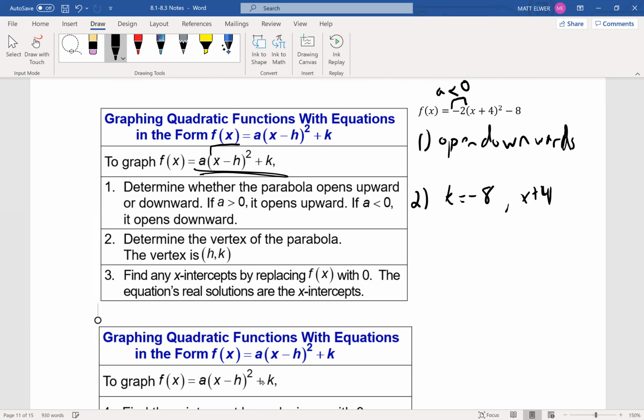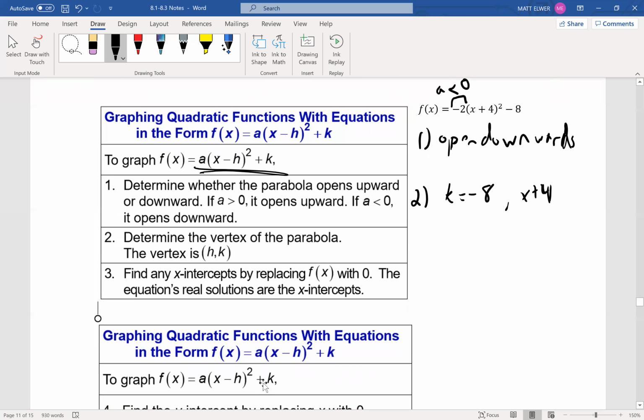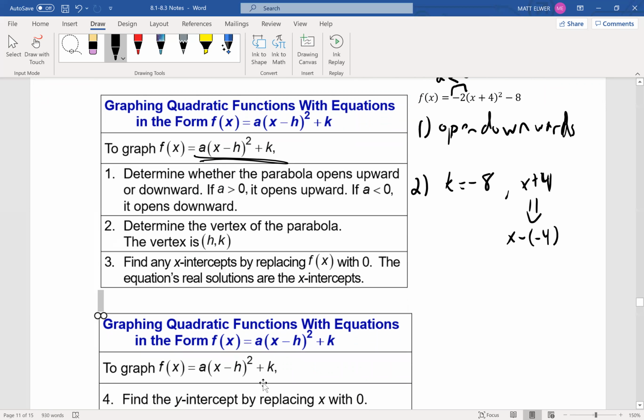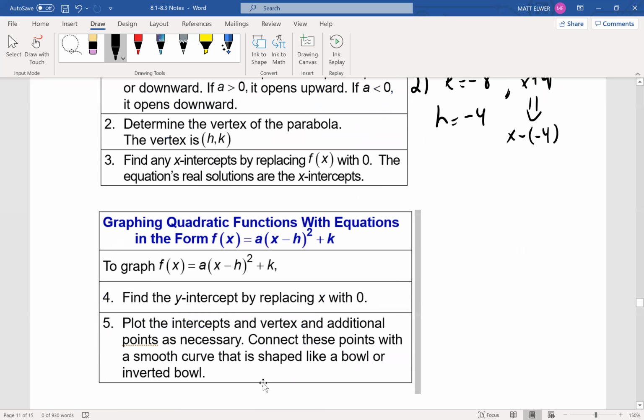So this is just the same thing as saying we have x minus -4. So it's in this form of x minus some number h. So my h is equal to -4, because we have to have it in that form.